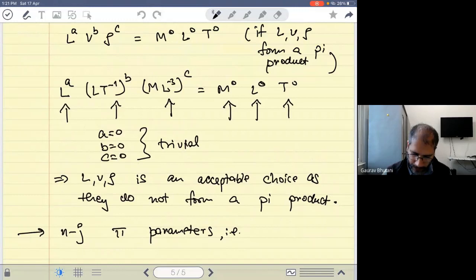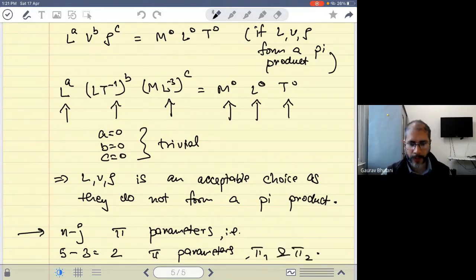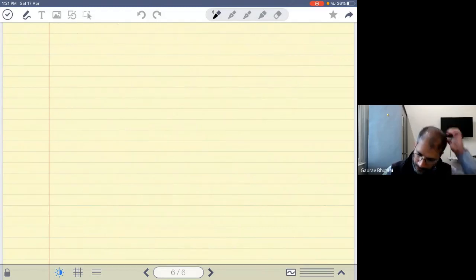That is, we have 5 minus 3 equal to 2 pi parameters, which are pi 1 and pi 2. So now we have to find these pi parameters. That is the next job.